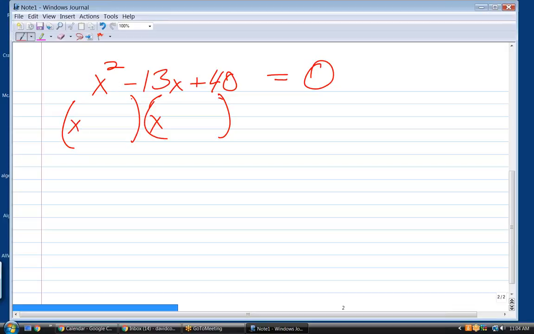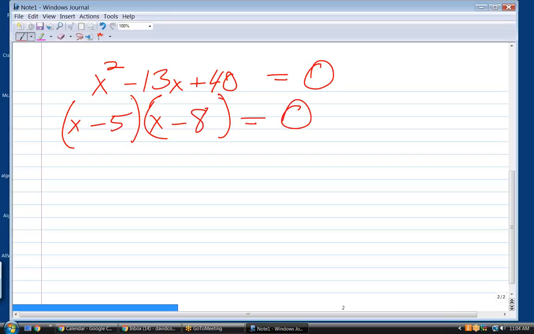If you're really comfortable doing that method, go ahead. If you get the answer, fine. If you can't get the answer with that method, then I'm going to show you my method. All right. What multiplies to 40 and adds to negative 13? Negative 5 and negative 8. Good.